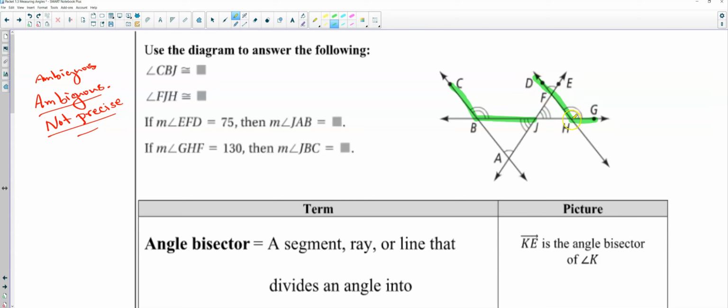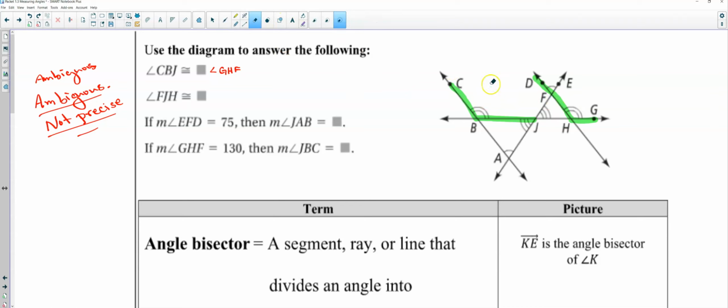So angle GHF or angle GHD. Angle G, the vertex is H, and it goes through F or D. So I'm going to just write F. Angle GHF. If you put angle GHD, it's correct, okay?